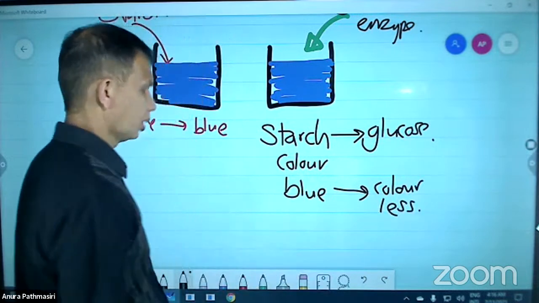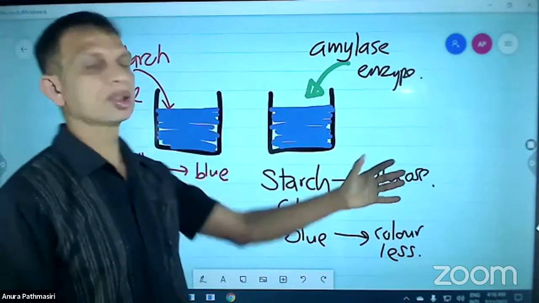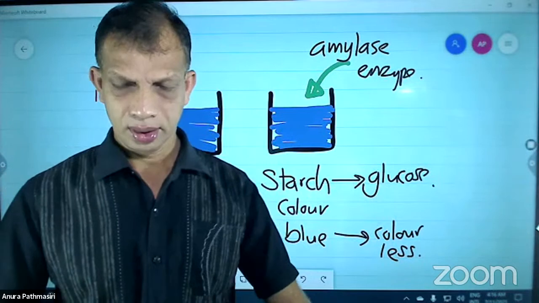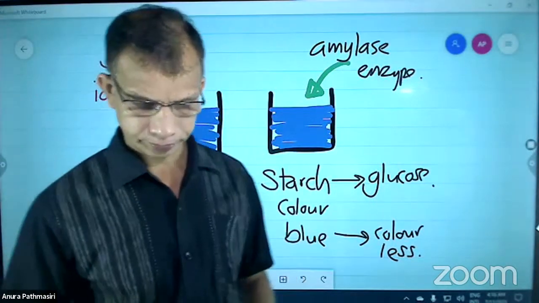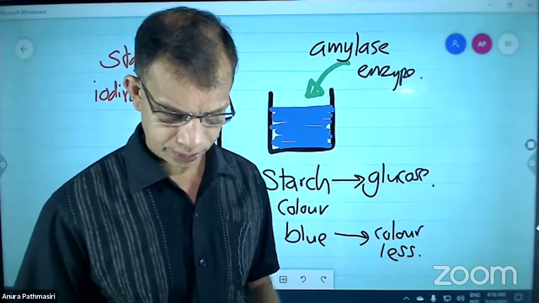So that's the possible observation, and based on this observation, the question is designed. So when we go to the question again, let's consider the questions that I have given you.